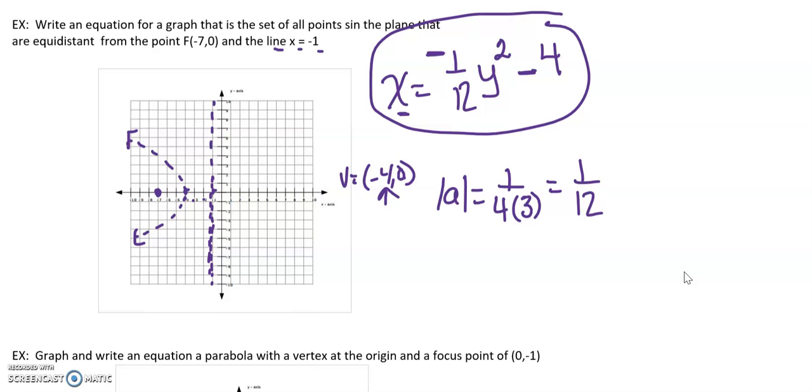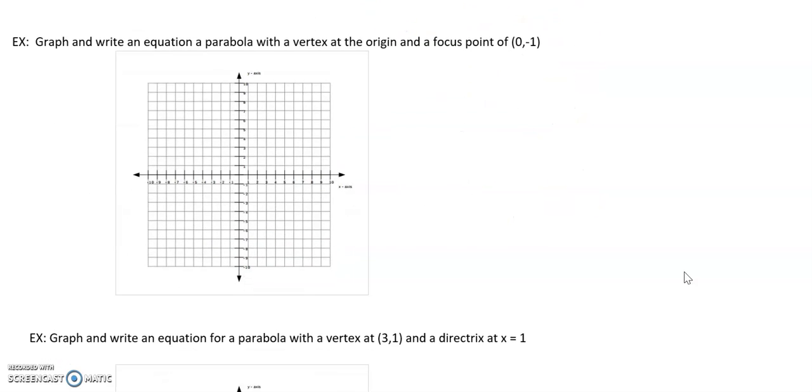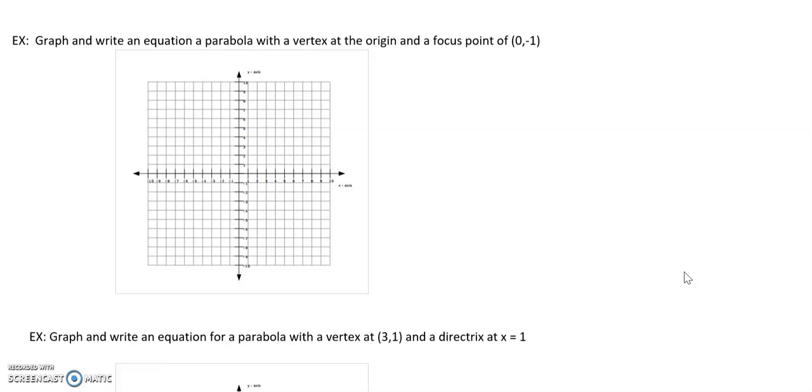Okay? All right, let's see what this next one is. It says graph and write an equation of a parabola with a vertex at the origin, so there's our vertex, and a focus point at 0, -1. All right, now this is our vertex at 0, 0, and our focus point 0, -1. Our parabola is opening downward. So that is a y equals, and it's negative.